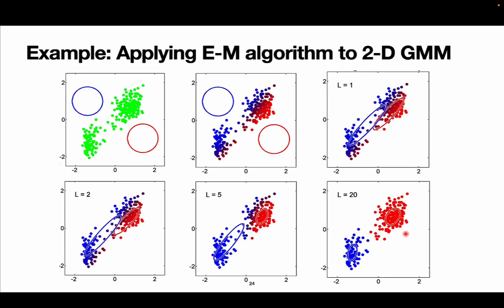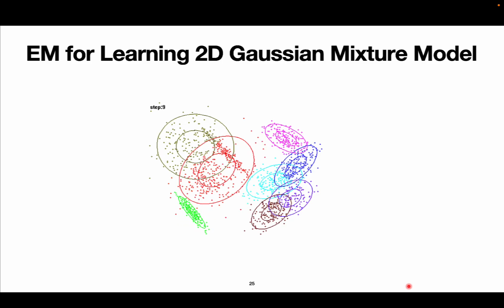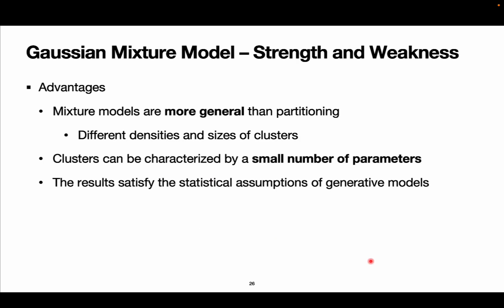By convergence, each Gaussian captures one cluster. Here is another visualization that shows how the shape of a Gaussian changes over iterations until convergence.